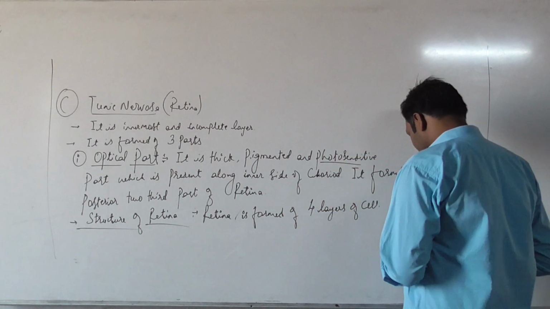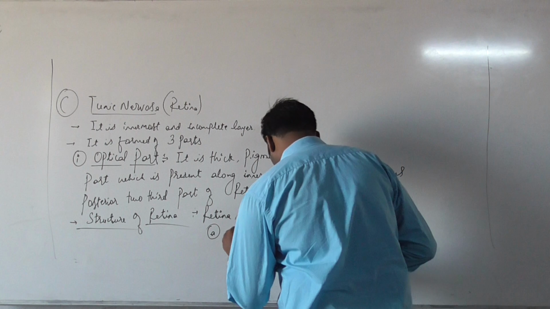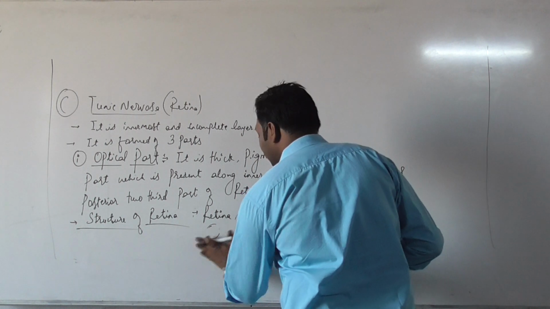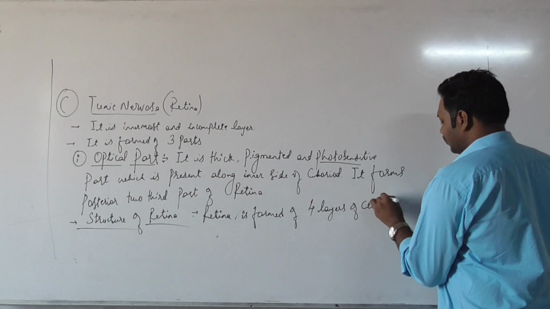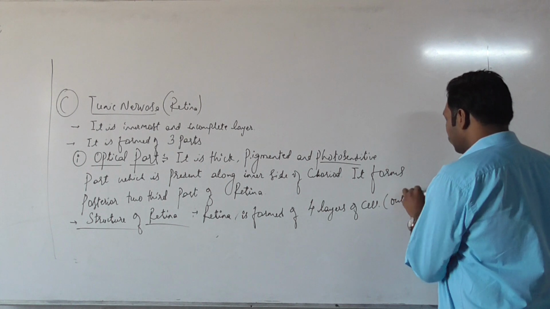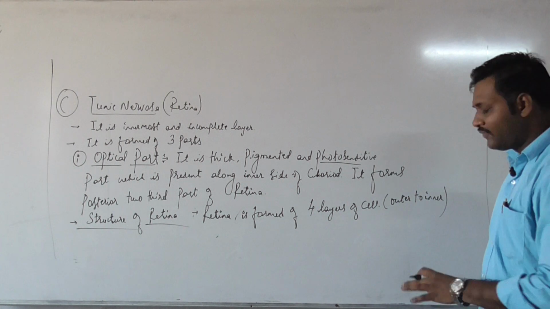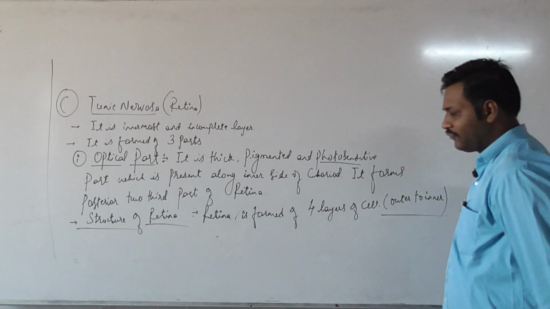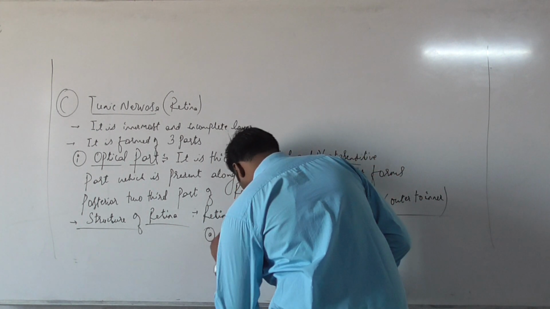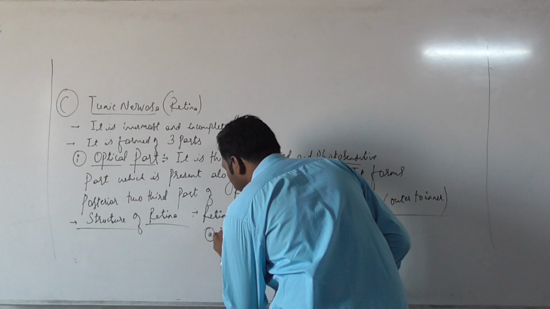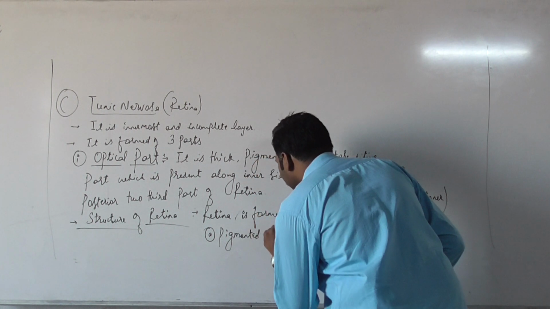What are these 4 layers? We are going to take the arrangement from outer to inner, that is from outside to the inside. So the first layer is the pigmented epithelium.